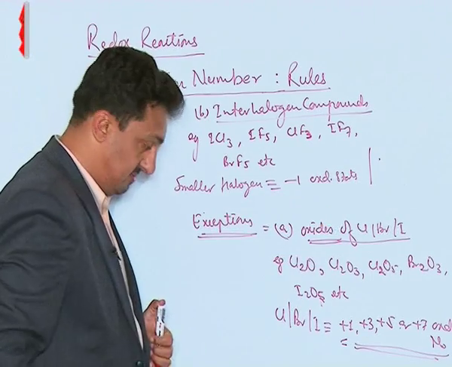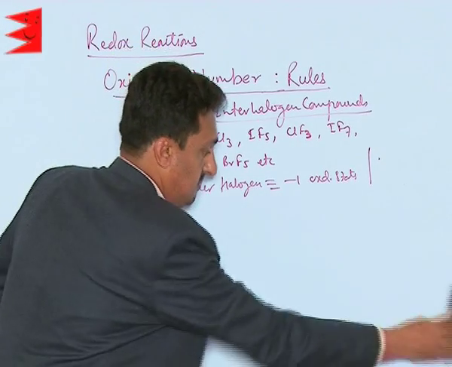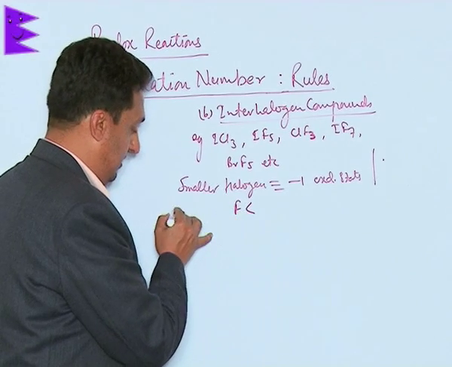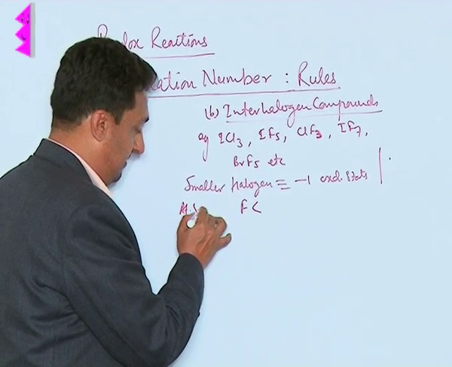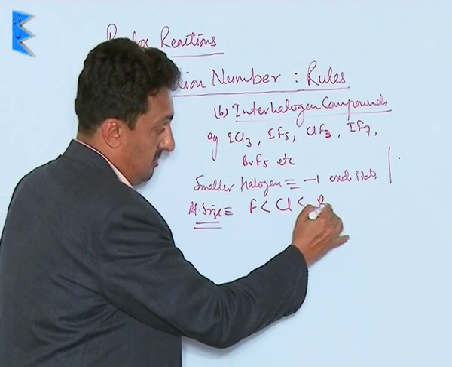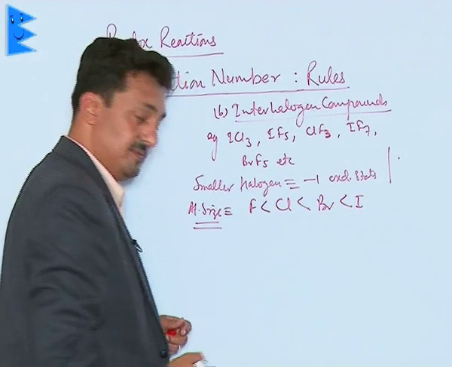Let me rub this out for you. The smallest is your fluorine. This is their atomic size. Then chlorine, then bromine, and then iodine.